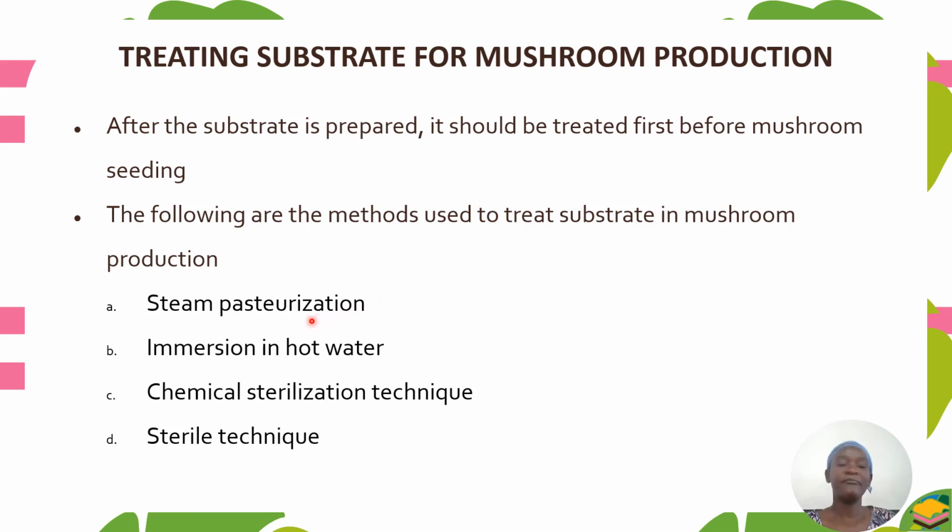But there are other methods which we can use apart from steam pasteurization. So we have immersion in hot water, where the substrates are immersed in hot water. We can use a chemical sterilization technique, or we can use what we call sterile technique. Let's go through these methods of treating substrates in mushroom production.